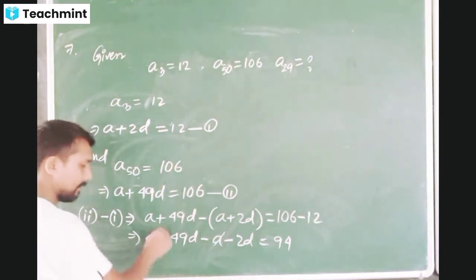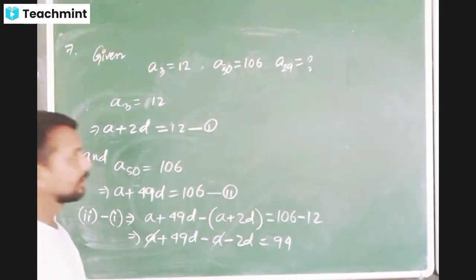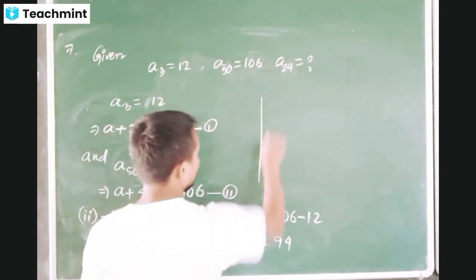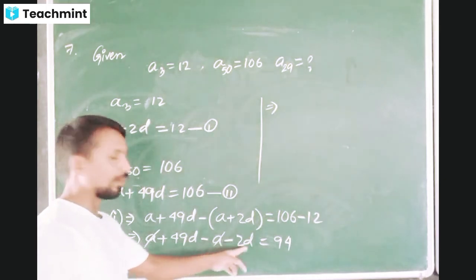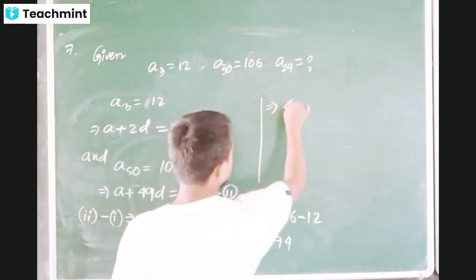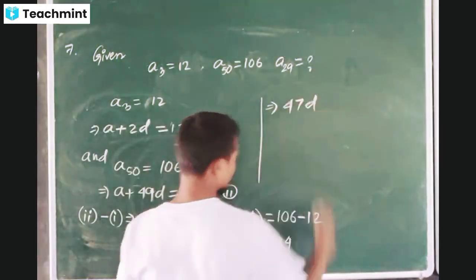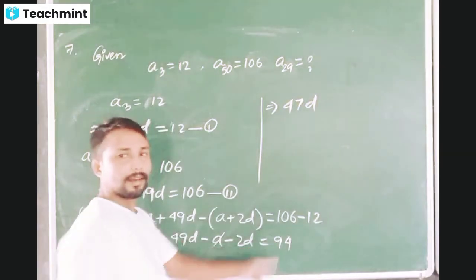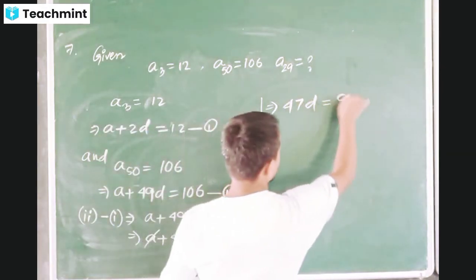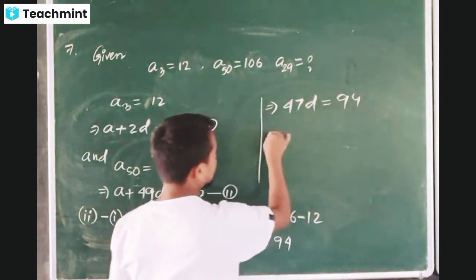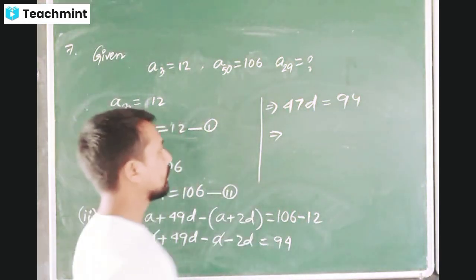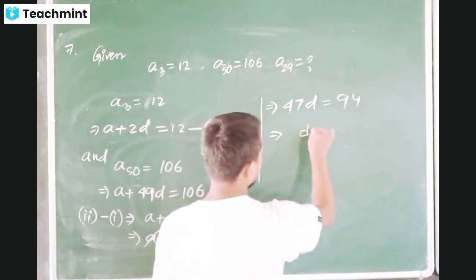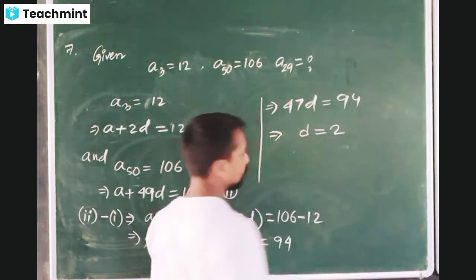Minus A plus A cancel. 49D minus 2D, we have 47D equal 94. 47 cancels on both sides, 47 into 2 is 94. D equal 2.